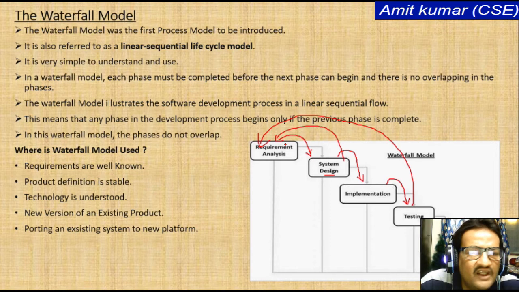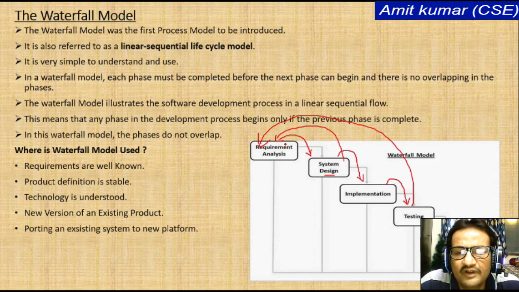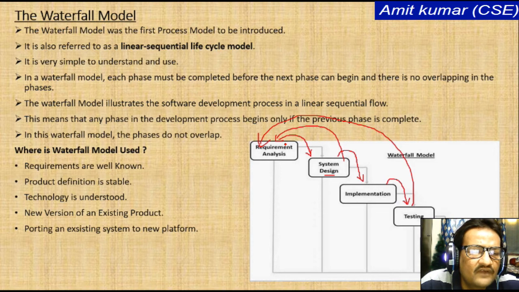What are the areas where the waterfall model is used? This model is used where the requirements are well known, the product definition is stable, and the technology is understood. It cannot be used for unknown technologies. We cannot take risk in the waterfall life cycle model.